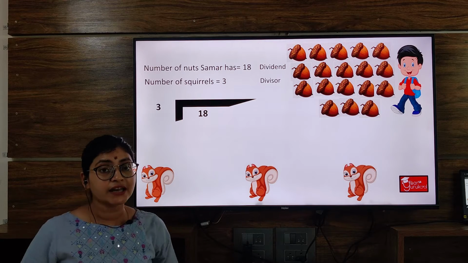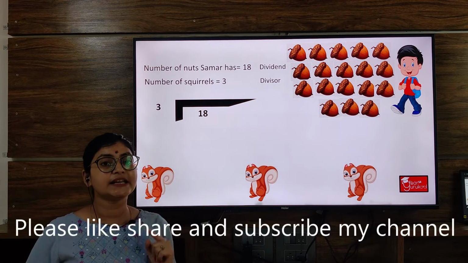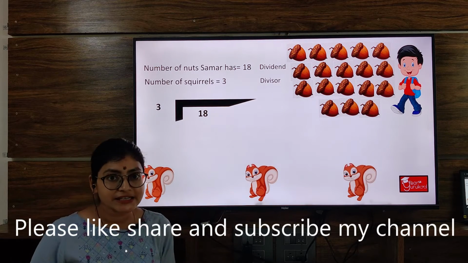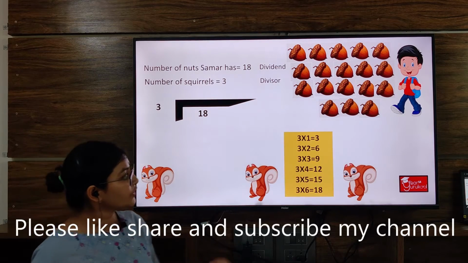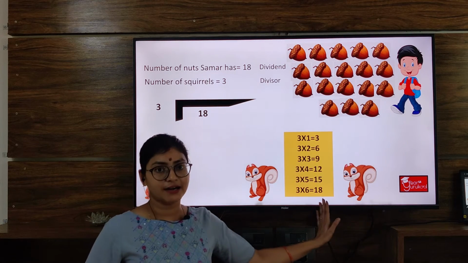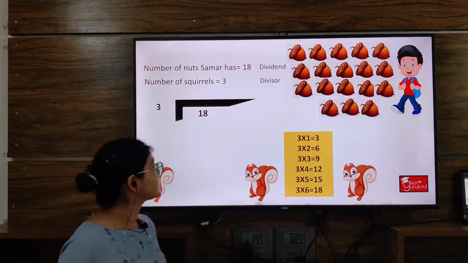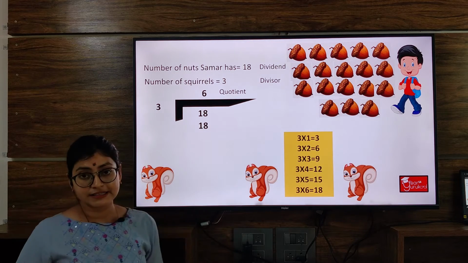Now what did he do? He recalled the table of 3 till the time 18 comes in the table. 18 or any nearest number to 18 will work. So he found that 3 6s are 18, or 6 times 3 is 18.